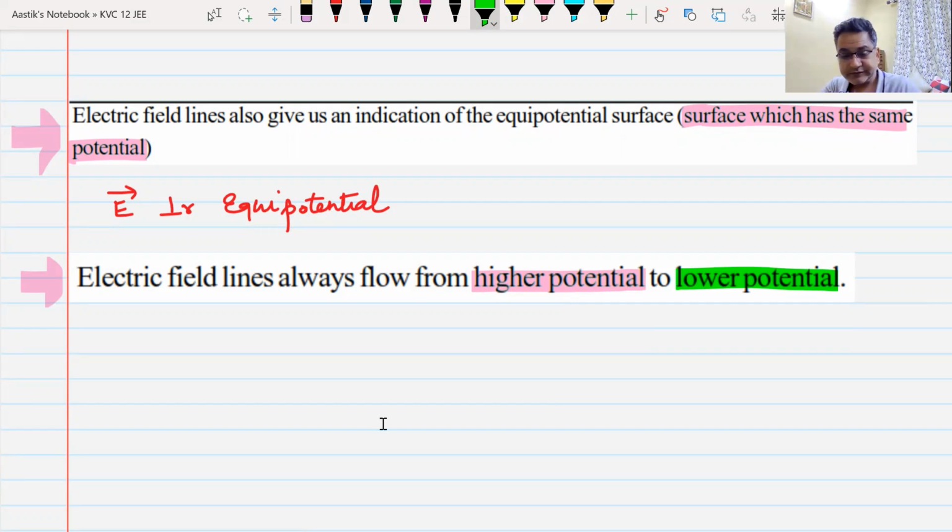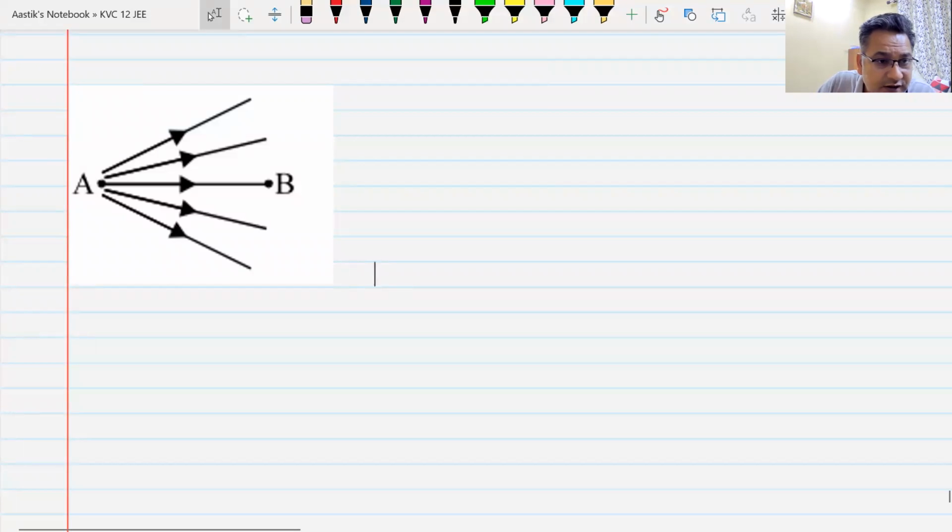Not the correct diagram. No, this I think we have already done, but since it is a problem, and remember the problems on electric field lines are very, very few, so whatever problems you have, do them correctly. This one is the first one. At which point is the electric field more?